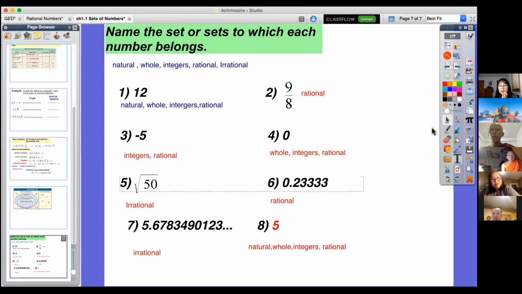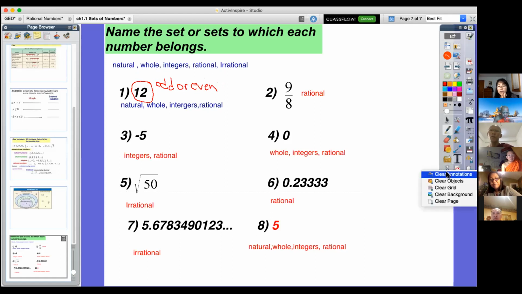Is 12 odd or even? Even. Very good. So is 12 a prime or a composite? We haven't talked about composite yet.